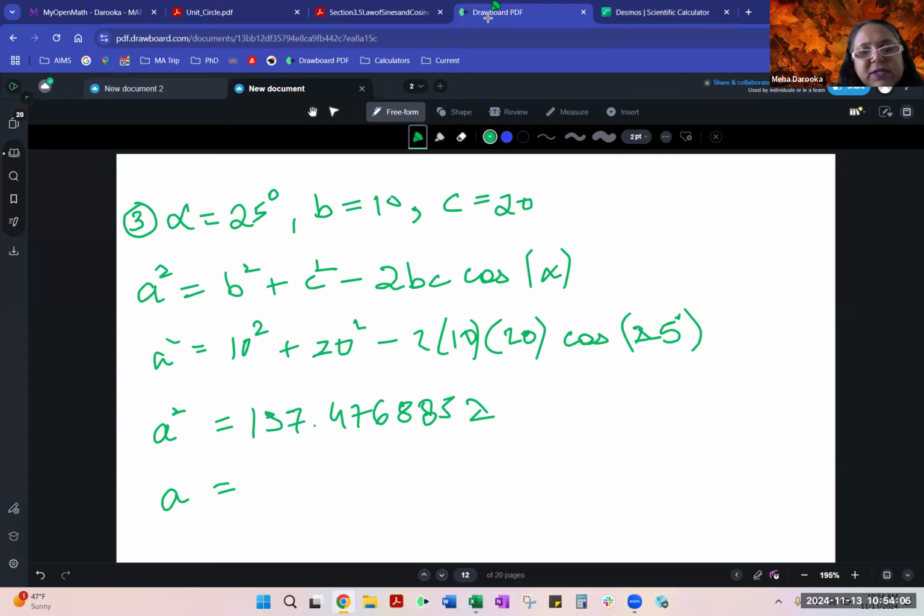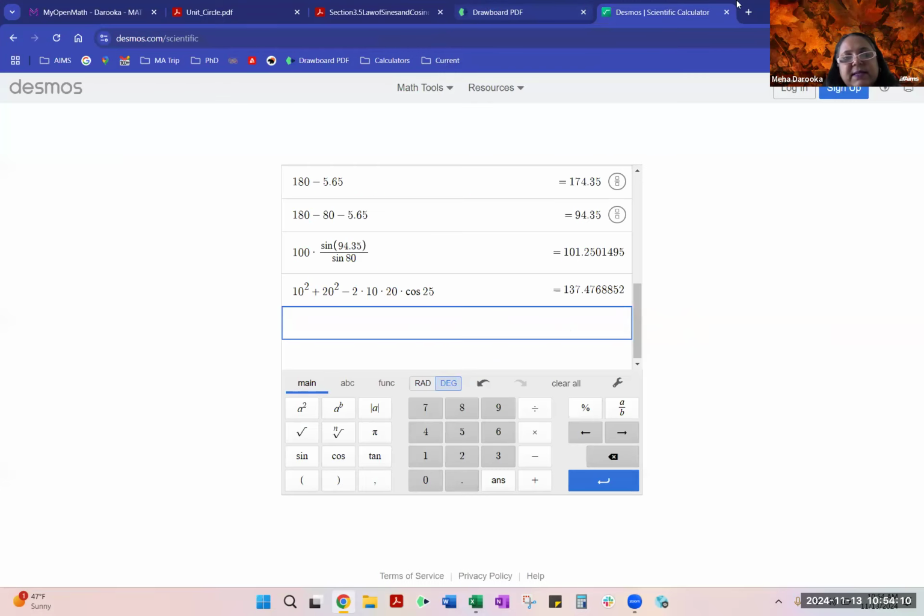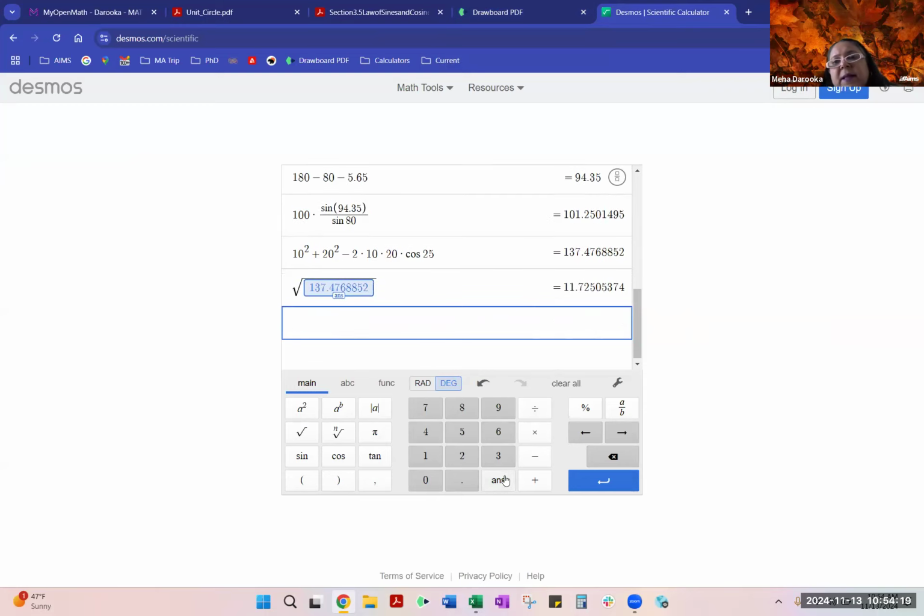Then we end up taking a square root on this value to give us the side A, right? So then we would end up doing the square root of the answer here, which you can see is giving us approximately 11.73.